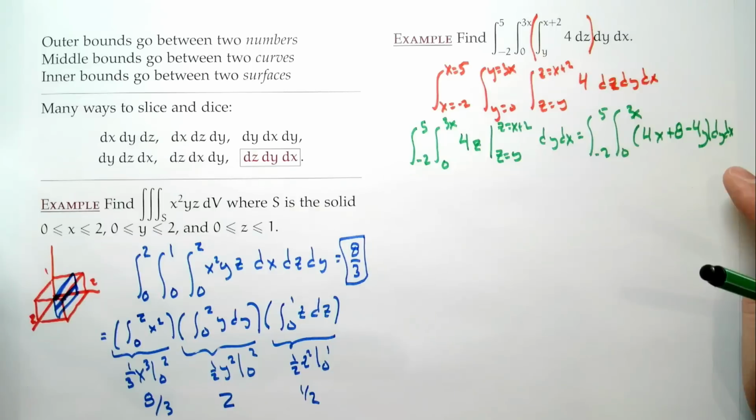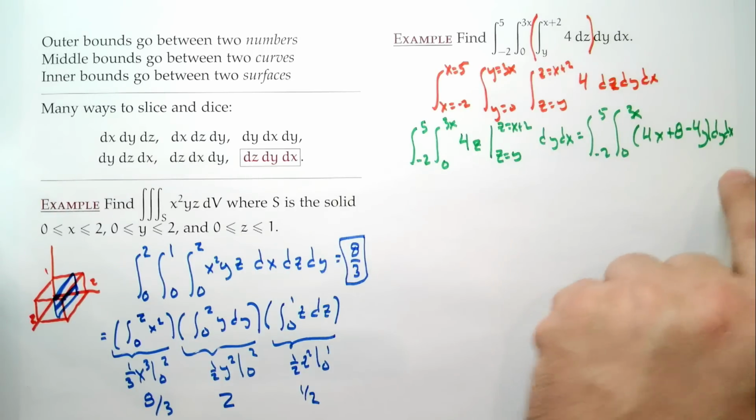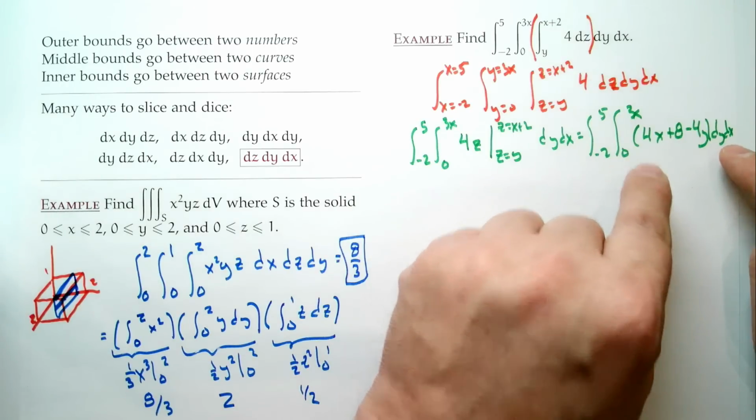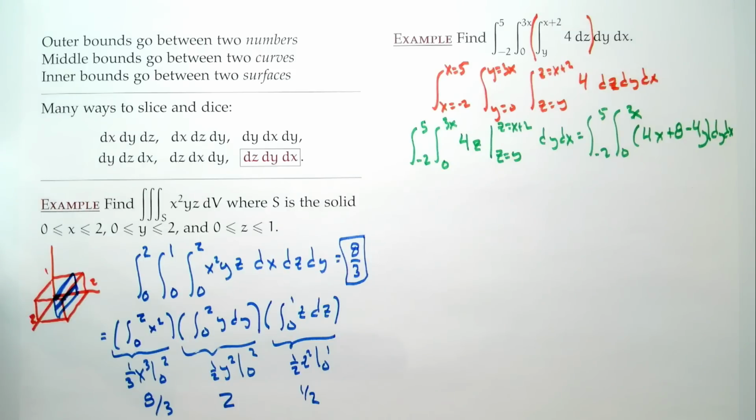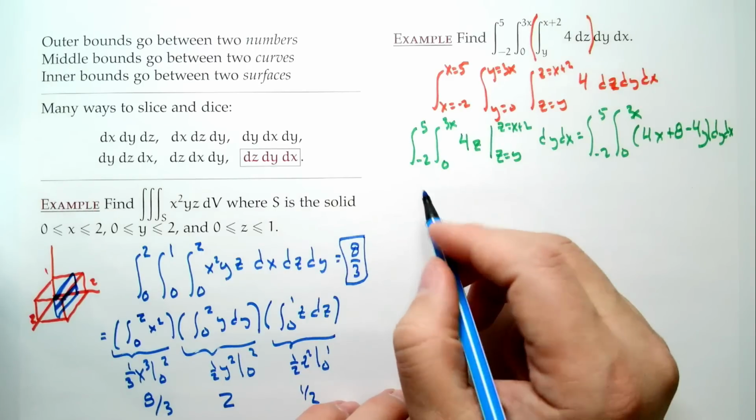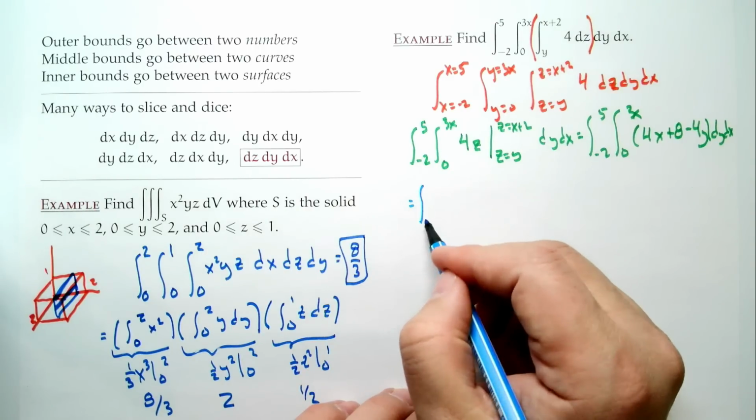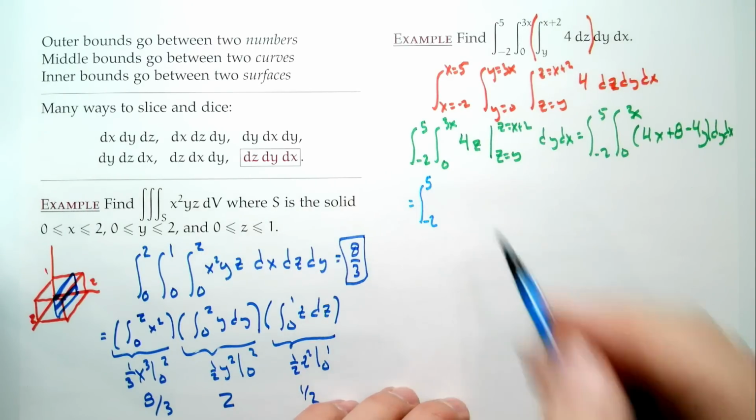Integrate with respect to y or with respect to x? Now with dy, because we're working from the inside out. All right, so now what's the integral of 4x plus 8 minus 4y with respect to y? The outside still is waiting for us.